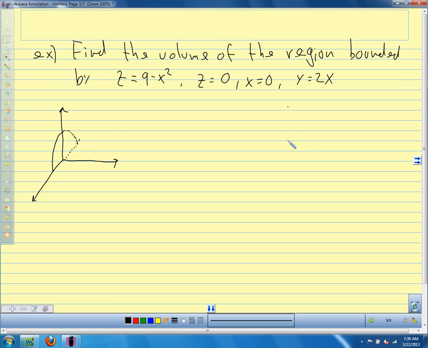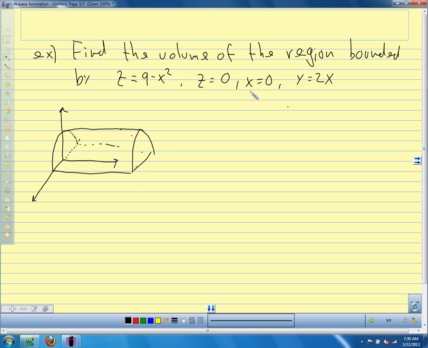And what makes it a surface? It can go anywhere along the other axis. So I said YZ plane, I meant XZ plane. So it goes anywhere along the y-axis. So we have this parabola shaped, it's a parabolic cylinder.